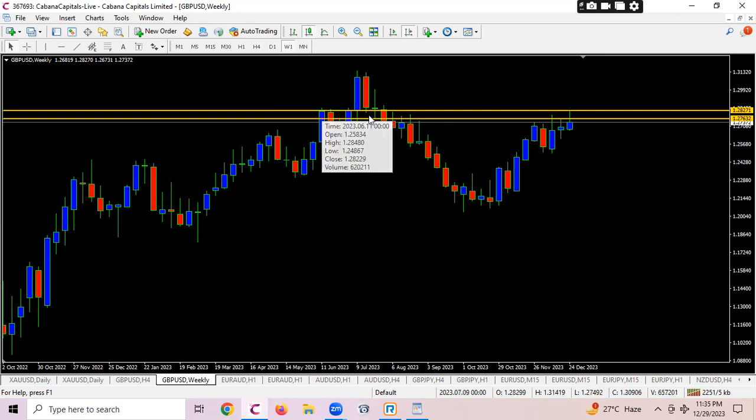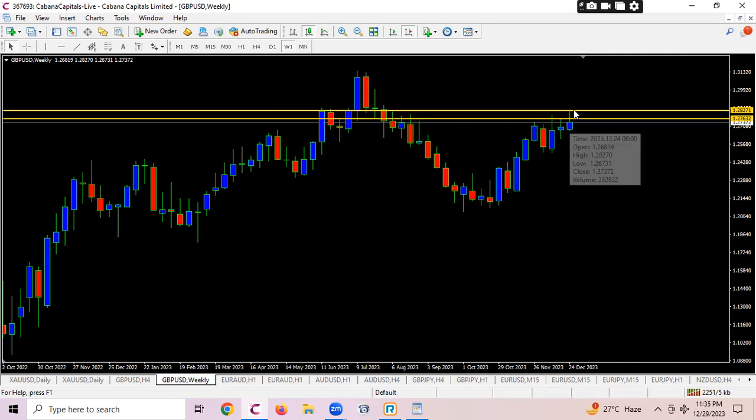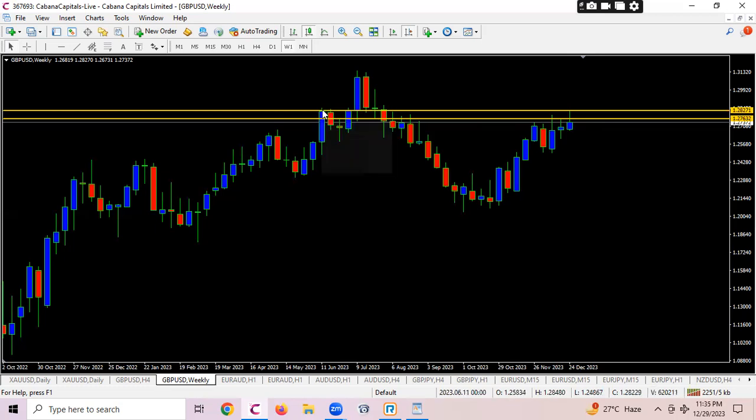So if this weekly candle closes as a shooting star, we identify the high, and we go back to confirm if that level was a resistance in the past. Okay, so being a resistance, what should we look out for next week?